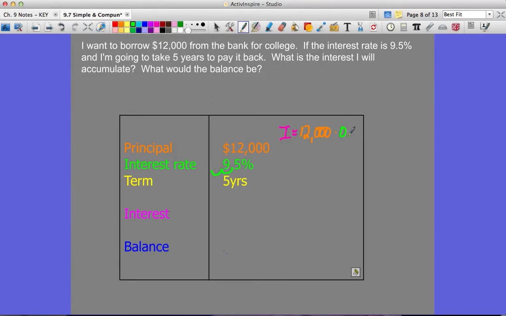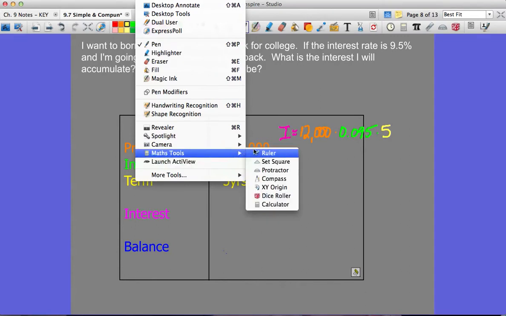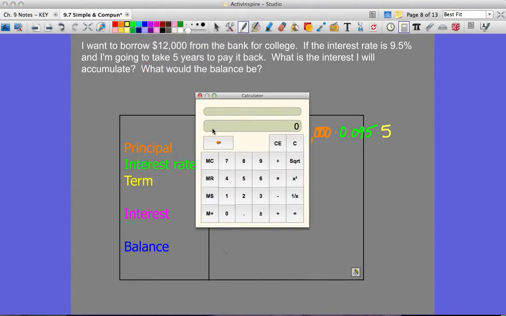So this is 0.095 times our time, which is in years, so we don't have to change this at all, and we multiply it by 5. Okay, so we can take a calculator for this and take the 12,000 times 0.095 times 5.